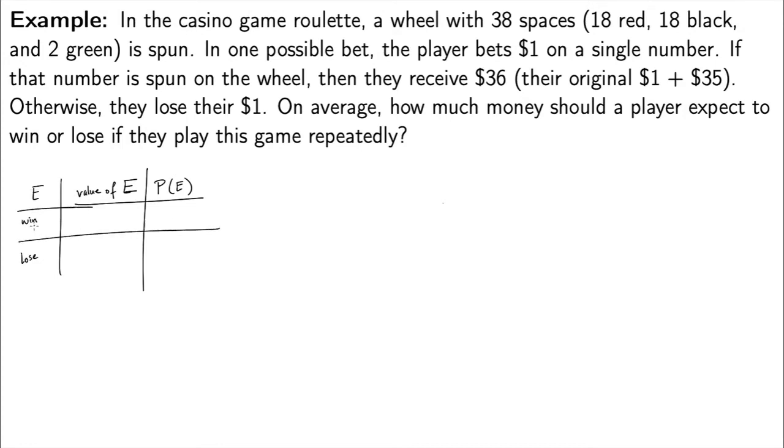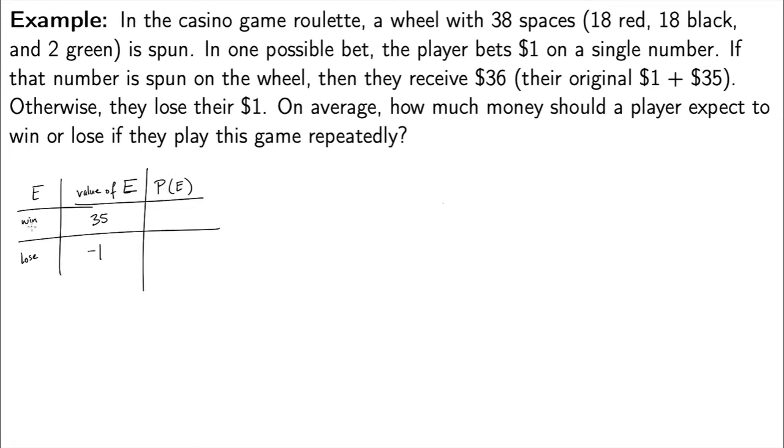If a player wins, the value of playing the game was $35 because they ended up with a gain of $35. So this is 35. If they lose, the value of the game is -1 because they just lost the dollar. So these are the two values of the two outcomes. Then we write the probabilities of those two.